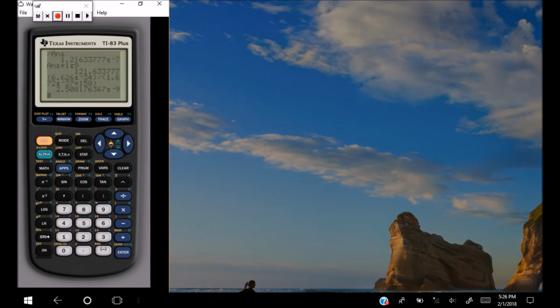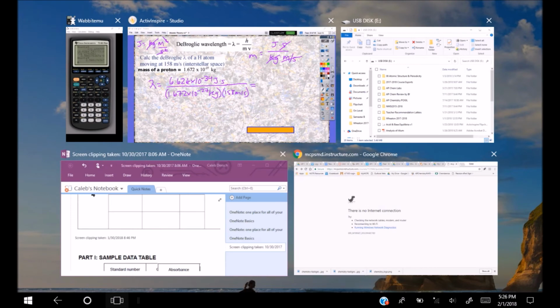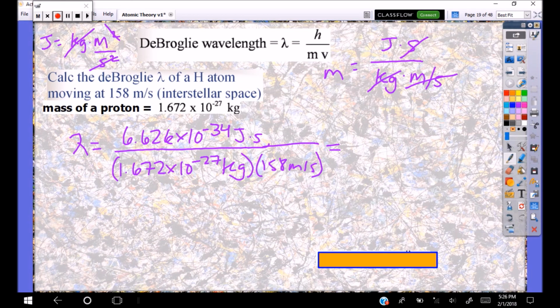All right. And we get a wavelength of 2.50 times 10 to the negative 9th, and that is in meters. If I multiply that by 1 e to the 9th, I get 2.5 nanometers, a very small wavelength.